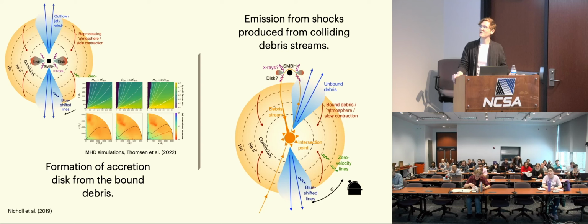So more models have been proposed to understand these more errant TDEs that we find in our observations. On the right here is a different model where the primary UV optical peak does not come from the accretion behavior of the material from the disk onto the black hole. Instead, it comes from the shocks created in the collisions of the debris streams as they circularize.